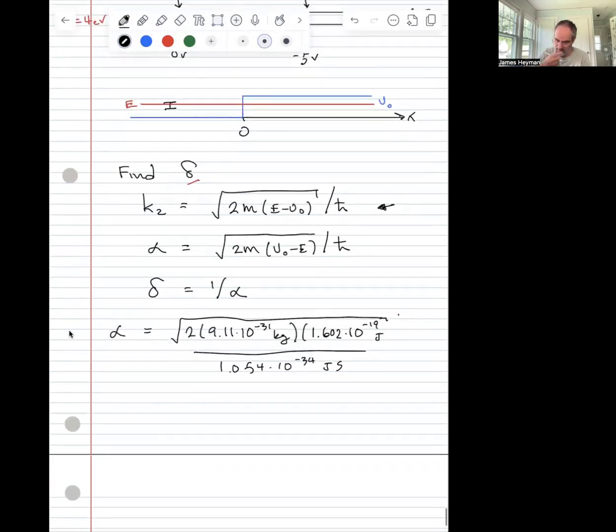That's alpha. We just have to figure out what that is.